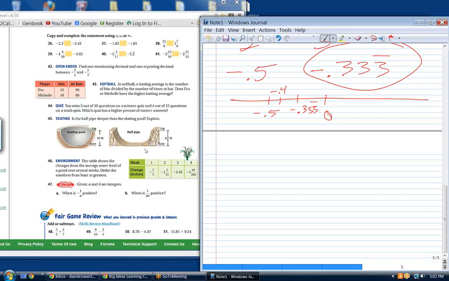So which one's the deepest? The skating pool. Right. It's 10 feet deep. That's deeper than 9 5/6 feet.